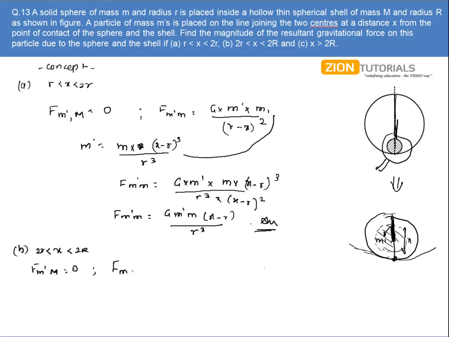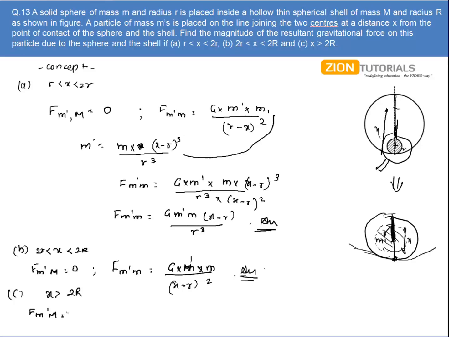The force on m dash due to small m can be easily calculated by G small m into m dash, divided by the square of the distance between the center and the particle. The total distance is x, and this is the small radius r, so it will be (x minus r) whole square. That is the answer.